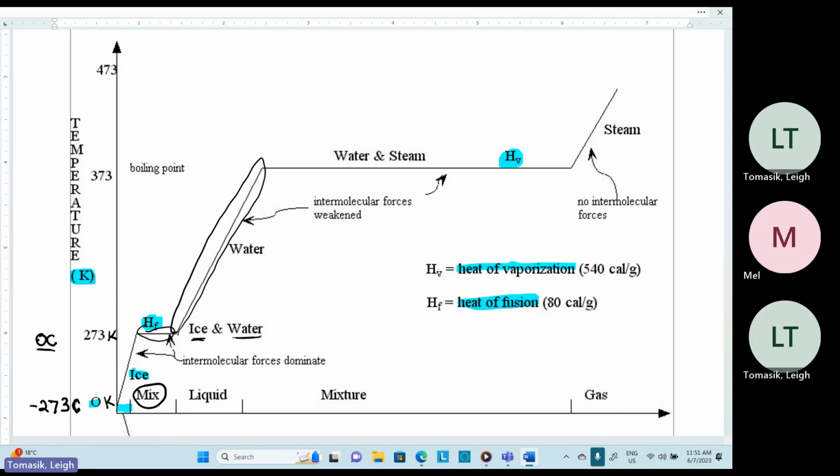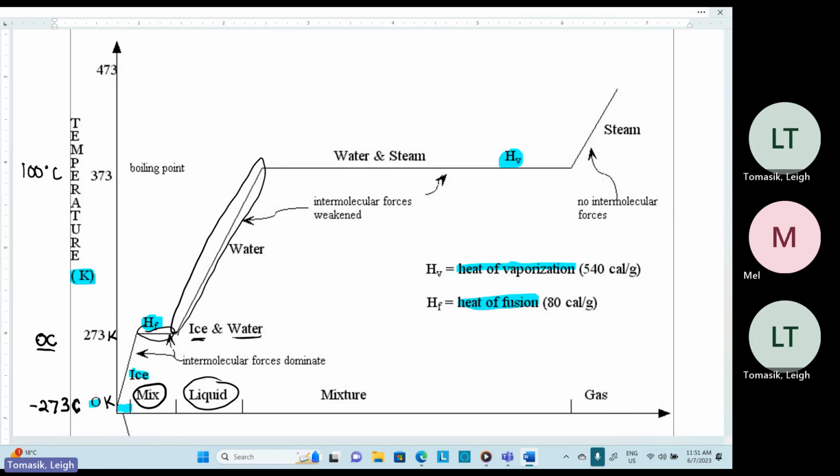Now everything is water, and the water is going to increase in temperature, which means the particles are going to go faster, right? So we have all liquid during this part, and it will be all liquid until 100 degrees Celsius, which is 373 degrees Kelvin, right?